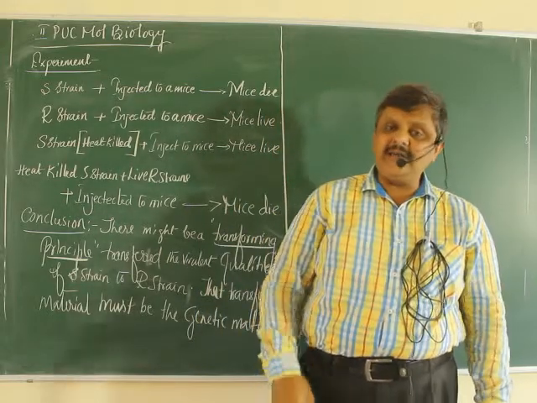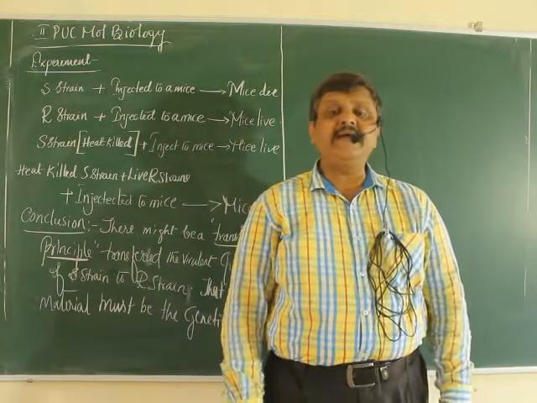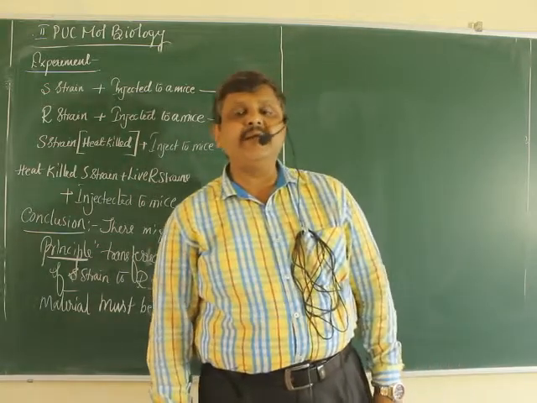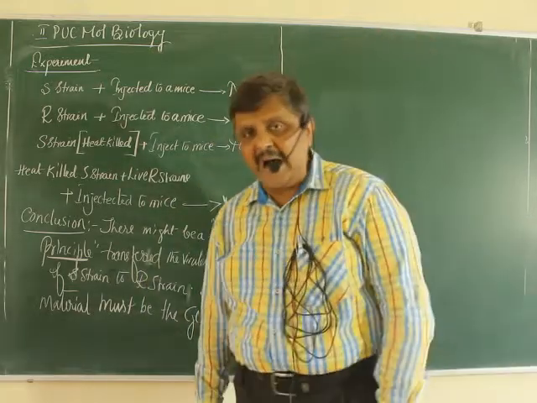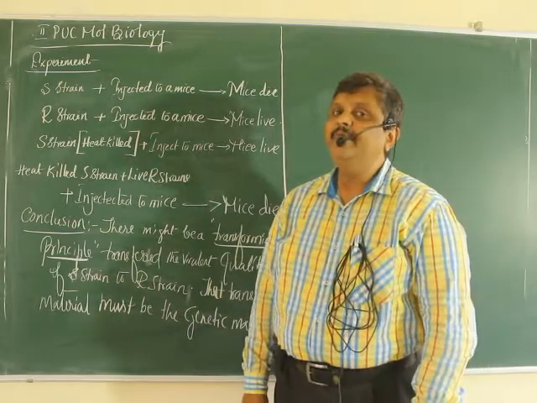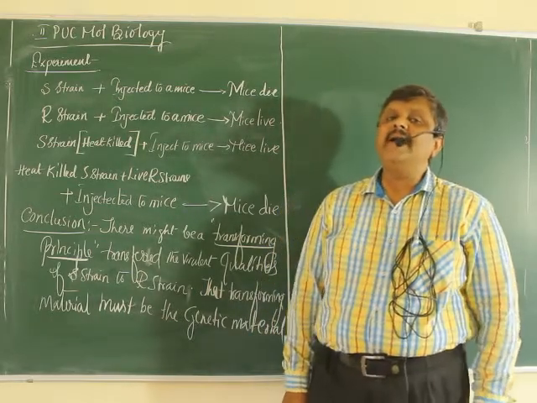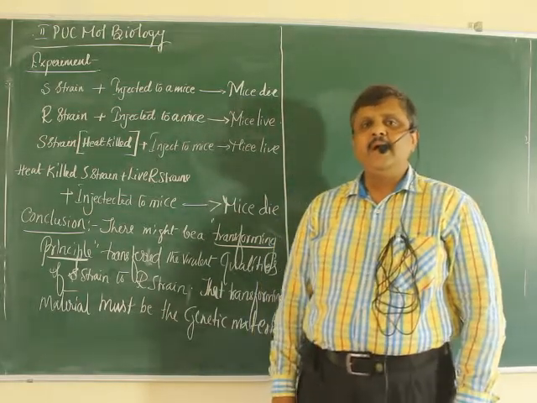Then in the next step, he used boiled or heat killed S strain, mixed it with R strain, and injected it into the mice. He expected the mice to live without any problem, but he observed pneumonia symptoms in the mice and they died.